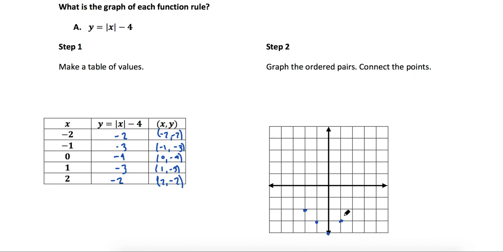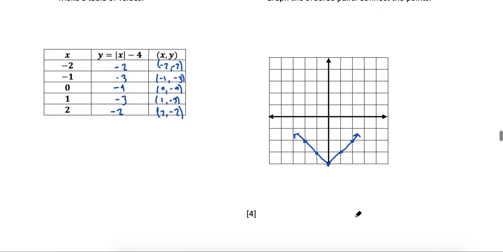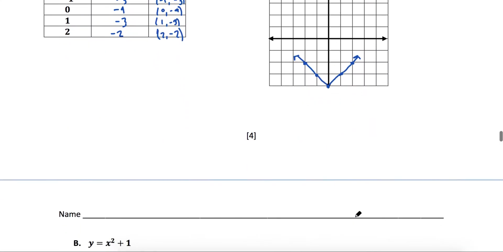We start to come back in the other direction. So next year you'll spend more time focusing on graphing absolute value equations, but they kind of look like V's like this. And even though each piece is linear, together the whole graph is nonlinear. You need to be one straight line, not two straight lines.